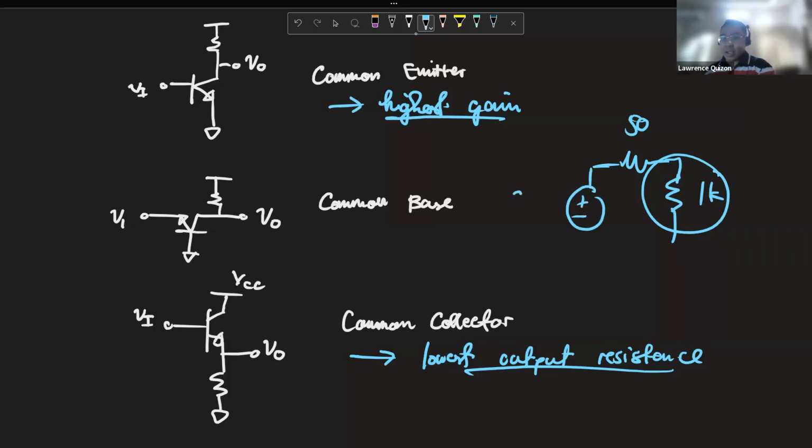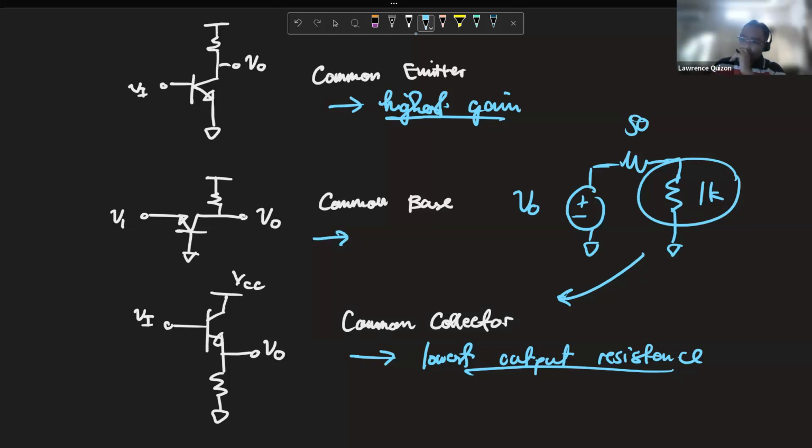Kasi kung ito yung output voltage mo, magkakaroon ka ng voltage divider and it will go to the resistor with the highest resistance, di ba? So for your output stages, you would always want a low output resistance. So the last stage of your multi-stage amplifier, if ever, would always be common collector. That's why we like it.